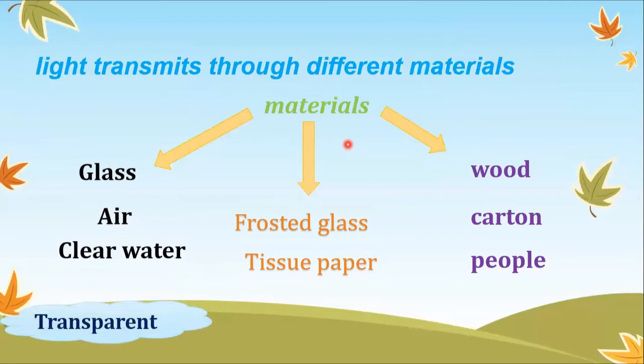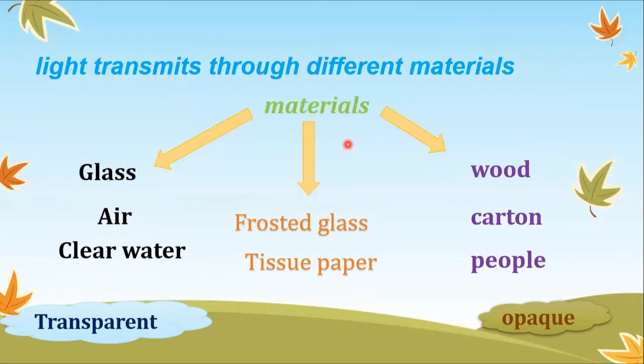The group which we can see behind it clearly with details is called transparent. The group which we can't see anything behind it is called opaque.